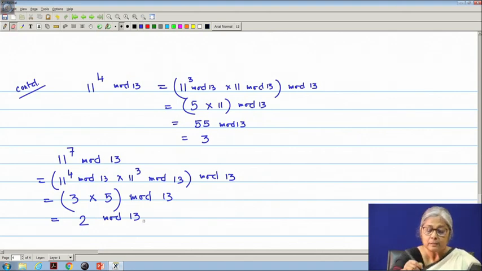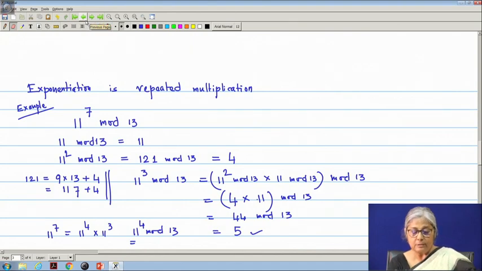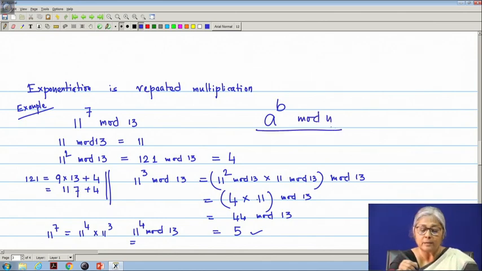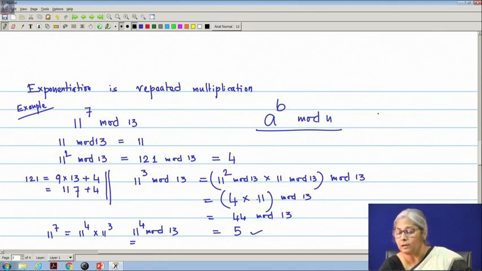Now, see the way we have done this, the power can be a large number. I can write some a to the power b modulo n, where a and b are very large integers.